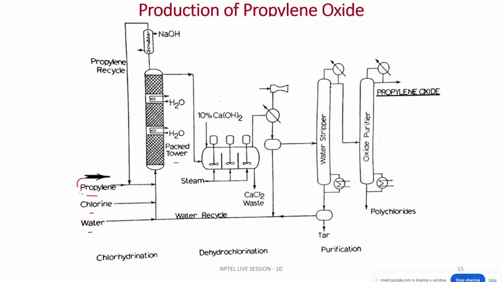These reactants form chlorohydrin. The hypochlorous acid, that is HOCl, reacts rapidly with this propylene. I have already shown the reaction. Now this reaction is highly exothermic in nature.